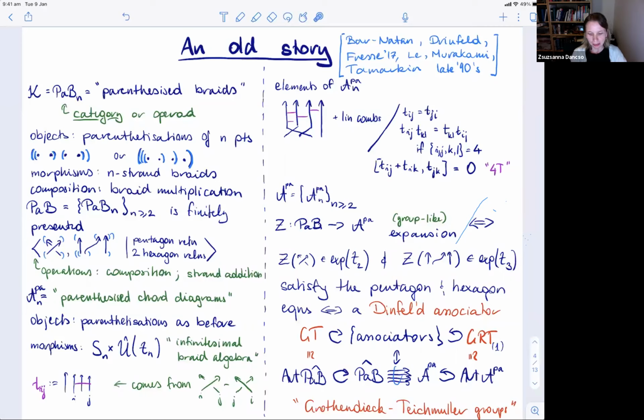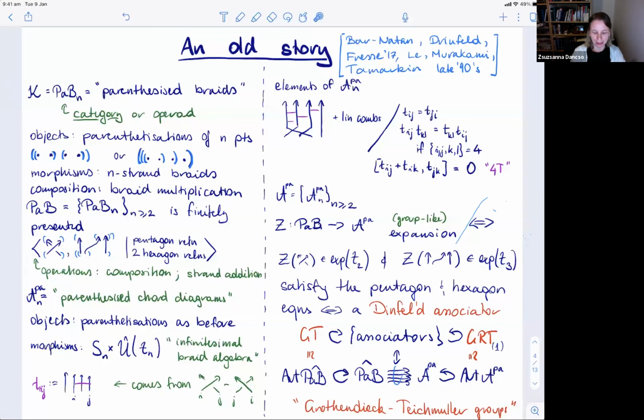So then you can make a whole space of parenthesized chord diagrams by just taking the disjoint union of all the chord diagrams on different numbers of strands. And an expansion is a map, a filtered homomorphism from PaB to parenthesized chord diagrams, which has this universality property.